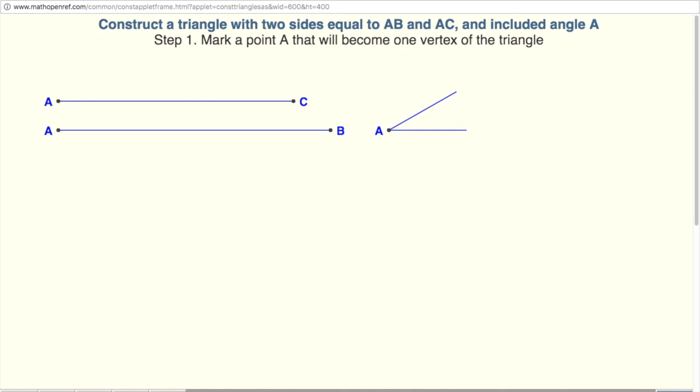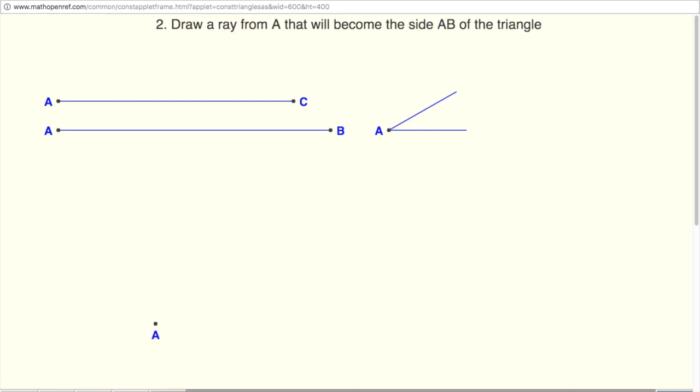So now we're going to make a triangle if you're given 2 sides with an angle that is touching both those sides. So step 1, mark a point A that becomes the vertex of the triangle, as we've been doing. Now draw a ray from A that will become the side AB of the triangle.